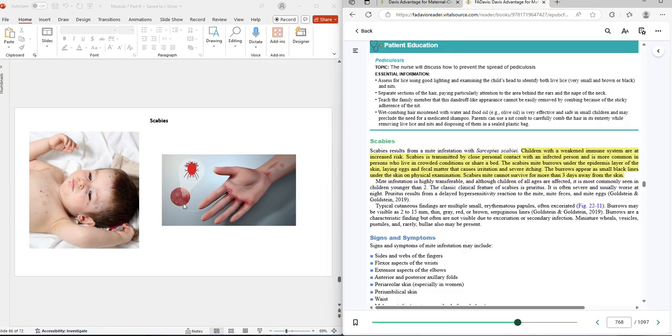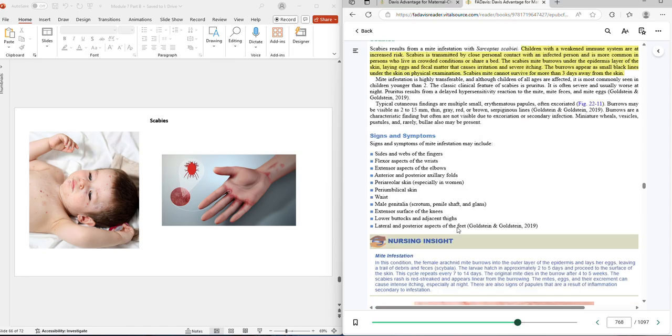And this is where they like to be, in the warm, dark spots. So this child is eaten up with them. They like to be in the palm, between the fingers, periumbilical skin, so around that, the axillary folds, and genitalia areas too.